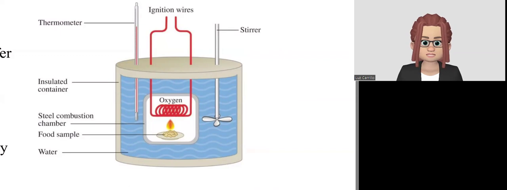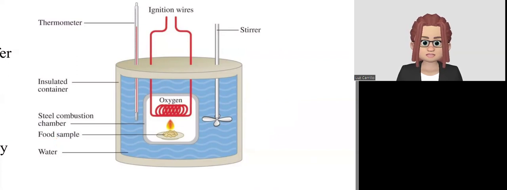As I just mentioned, overall, if you have a food sample and you're interested in looking at what is the energy that is stored in that food sample, pretty much what happens is that the food sample is placed inside of the steel combustion chamber. Because inside we have oxygen, the ignition wires will be able to allow to have that food be combusted.